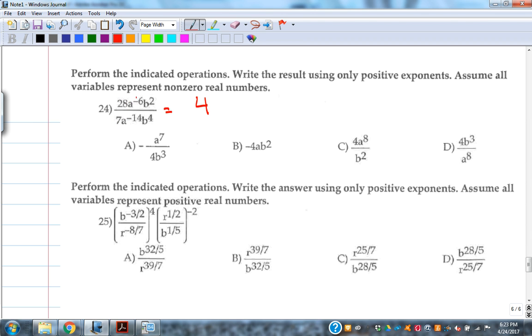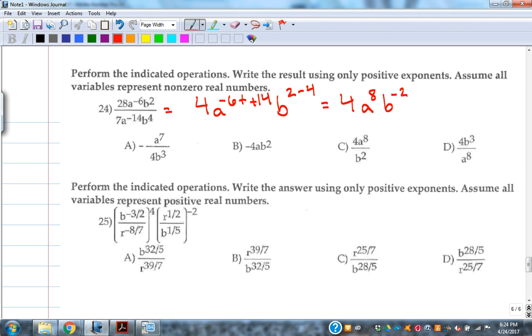And then I have a to the negative 6 on top divided by a to the negative 14th. What's the rule for division in exponents? You subtract them. And then that would be b to the 2 minus 4, which equals 4a to the 8th, b to the negative 2.